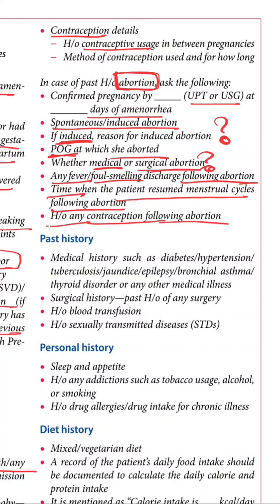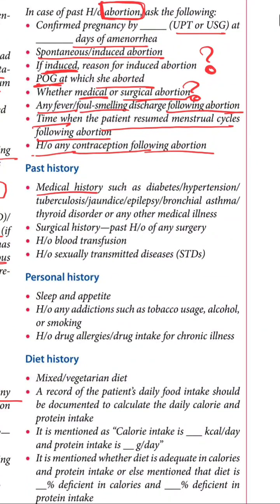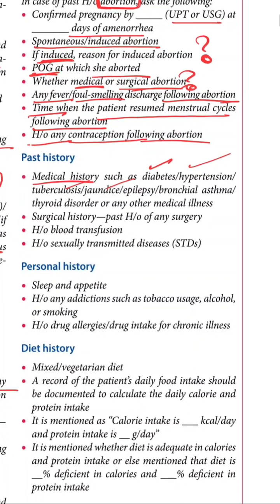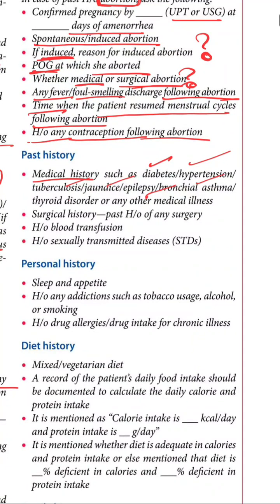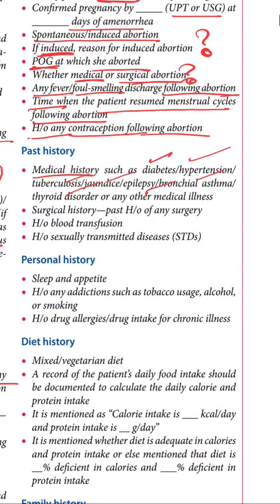Now next, coming to past history. So medical history, any comorbidities like DM, hypertension, TB, jaundice, epilepsy, bronchial asthma, thyroid disorder. Surgical history, any past history of any surgery, history of blood transfusion, history of sexually transmitted diseases.